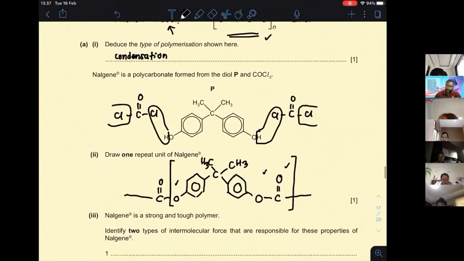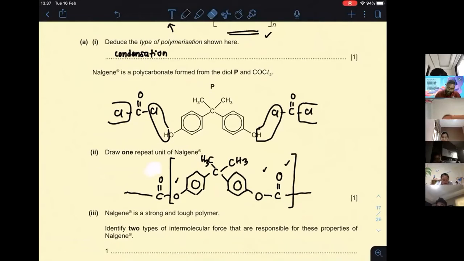So the better way is to remove this. This is going to be one repeat unit.